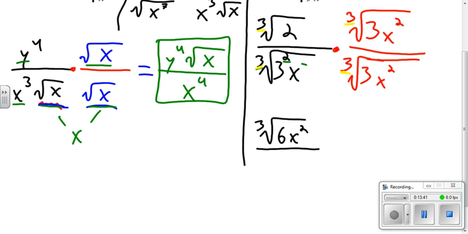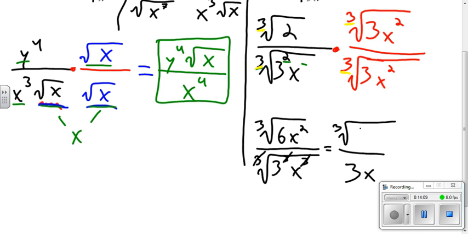On the bottom, again, we have a cube root of 3 squared times 3 becomes 3 cubed. x to the 1 times x to the 2, or x squared, that becomes x cubed, or x to the third power. And again, from here, we can recognize that we have cube root of a cube and a cube. So those cancel out, leaving our denominator as just 3x, and our numerator cannot be simplified anymore, so it just becomes 6x squared. And so this is our final answer.